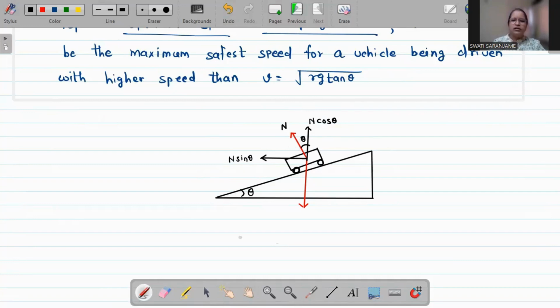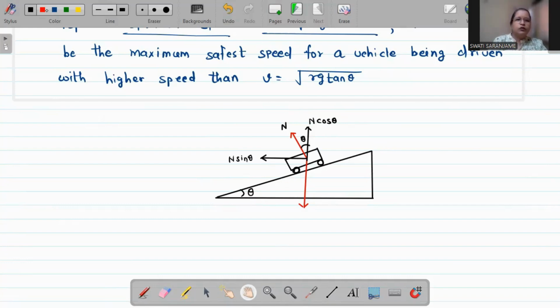Now, when this vehicle is driven with a higher speed than V equal to under root Rg tan theta, there is a possibility that it will get thrown off the road. To avoid slipping outwards or being thrown off the road, the force of friction plays an important role.